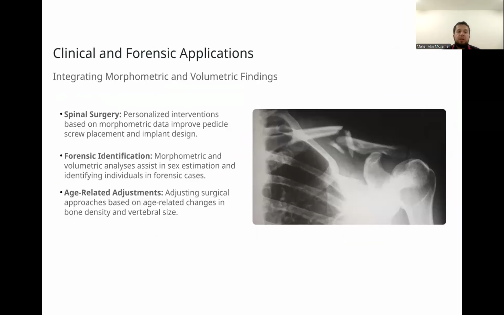So, to summarize, volumetric studies analyze bone shape, size, and bone density, and using volumetric analysis is important for clinical application. Forensic identification is better assessed using morphometric analysis.